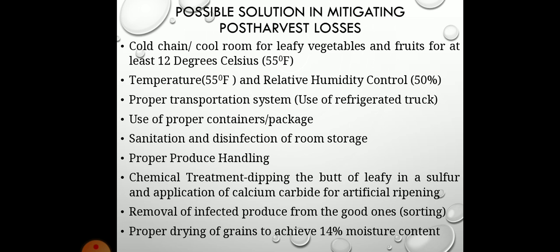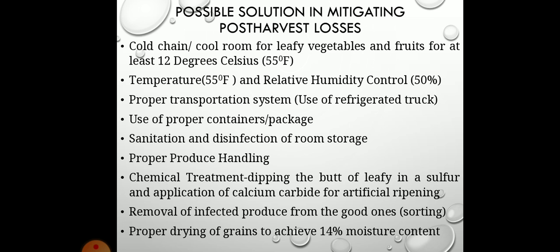Okay, proper transportation system. It is recommended for a post-harvest practitioner to use a refrigerated truck rather than an open truck or a closed truck which is not ventilated. Okay. Use of proper containers or packaging.